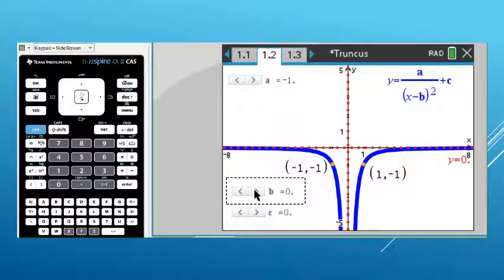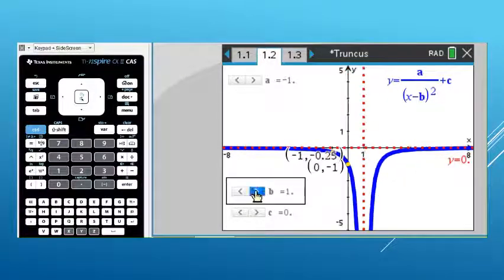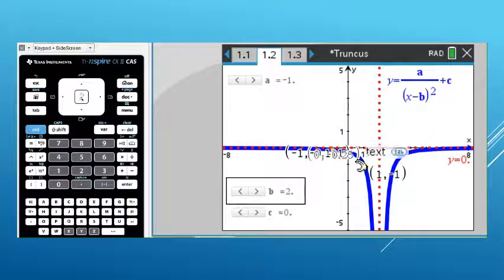Then I would move the graph 2 to the right, so that point that was over here now becomes 1, -1. We've actually lost the coordinate over here, it would have now become 3, -1, sitting here.